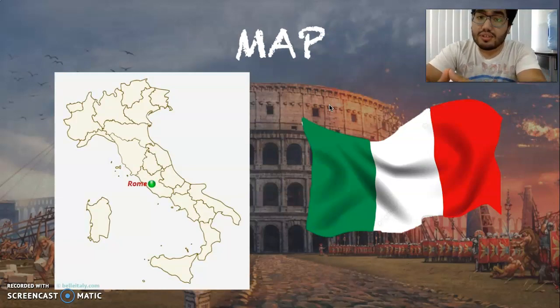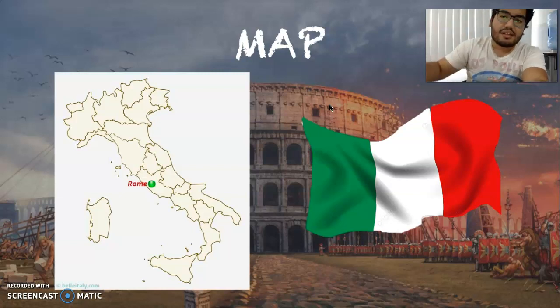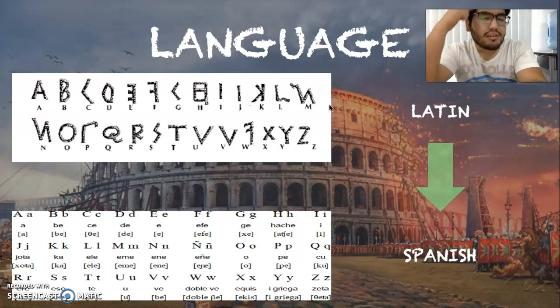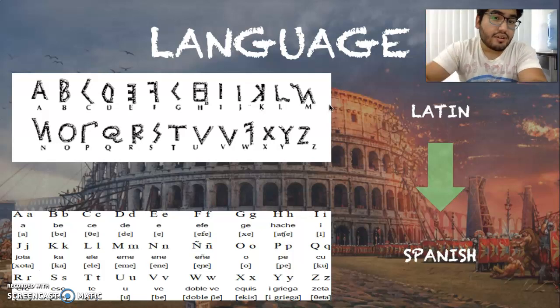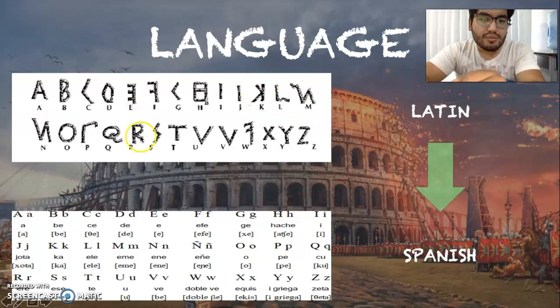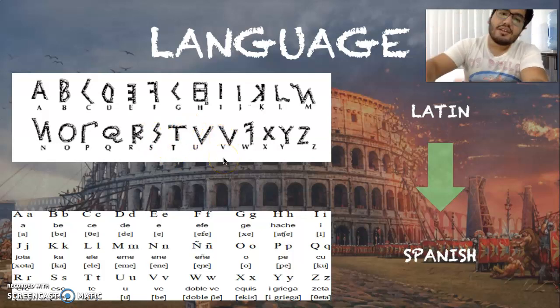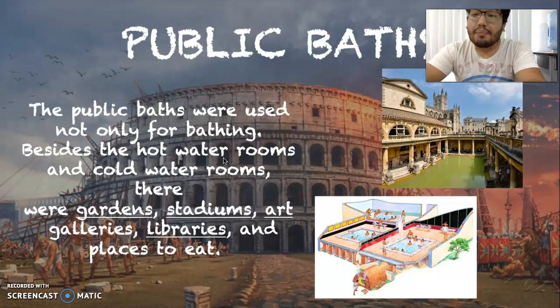And we also saw that they were located in Italy. You can draw the Italy flag. The language, we know that language it's about Latin. They talk Latin. Okay, you can draw some letters about the Latin. You can make A, B, and C. Public baths.